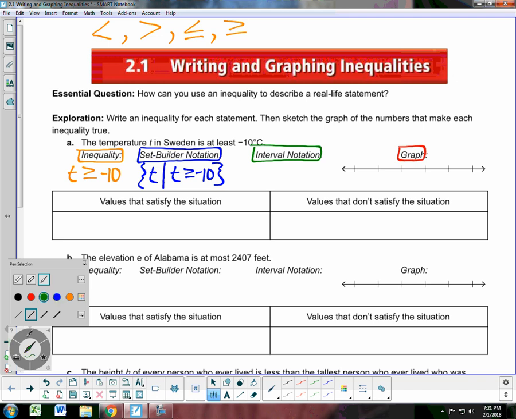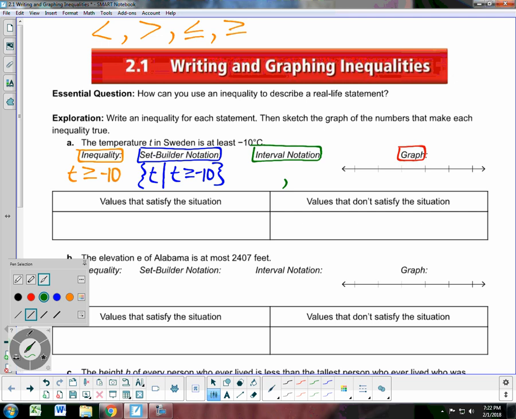Now interval notation looks almost like coordinate points. We're going to have one number to the left of a comma, one thing to the right of the comma. And I shouldn't say number because it could be a symbol that we'll see. It depends on where it's going towards. So in this case, t are all values that are above negative 10.